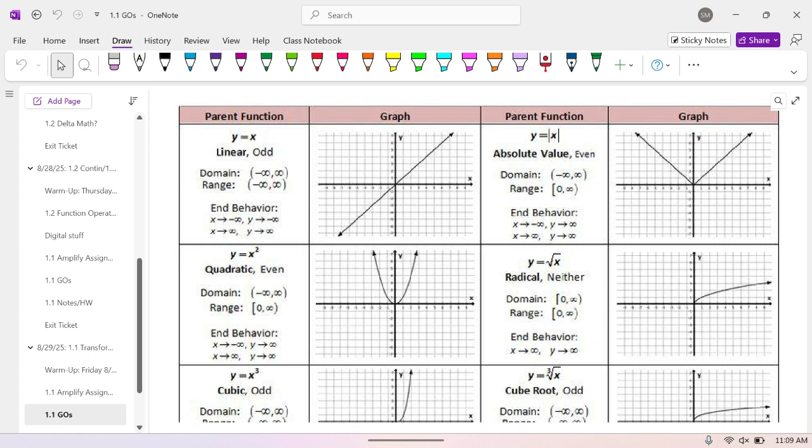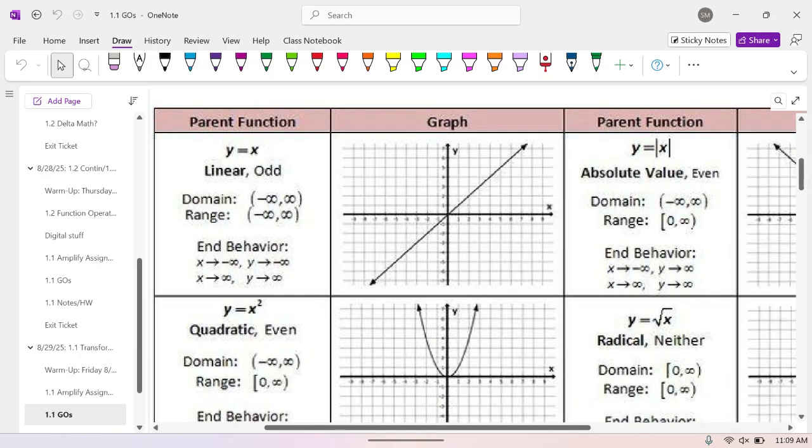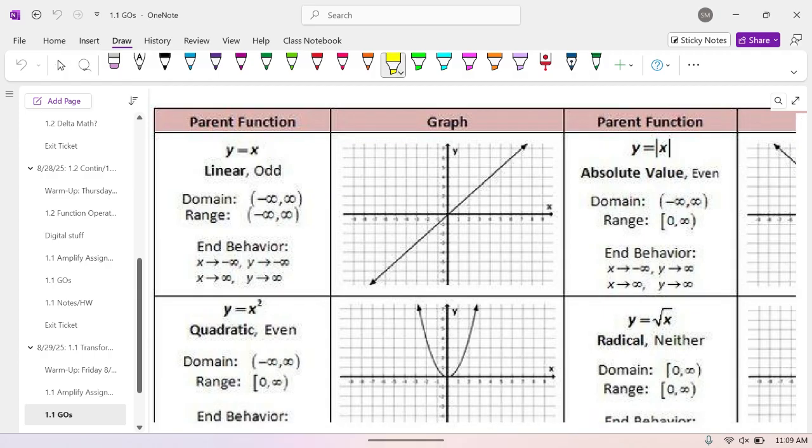So, starting with the first one, linear. You guys have been doing that since Math 1. That was probably the first function you ever learned. Its parent form, which means original form, because think about it, parent, child, who came first? The parent.